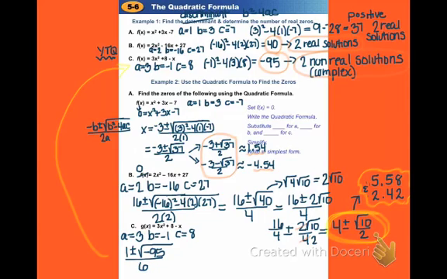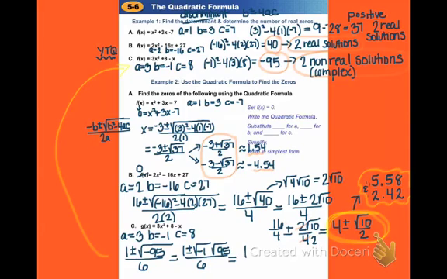Now there's not much I can do to really simplify this except to take out that negative. We could write this as 1 plus or minus, and break up the square root of negative 1 times the square root of 95. 95 doesn't have any perfect square factors, and the square root of negative 1 is i.